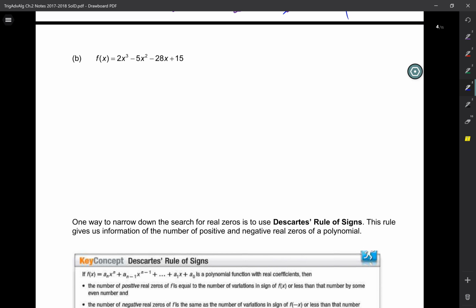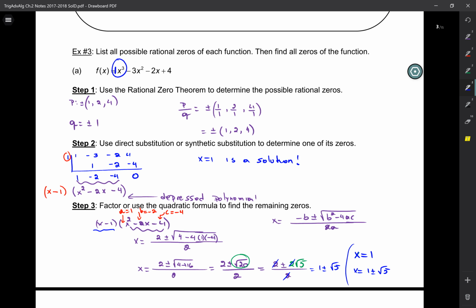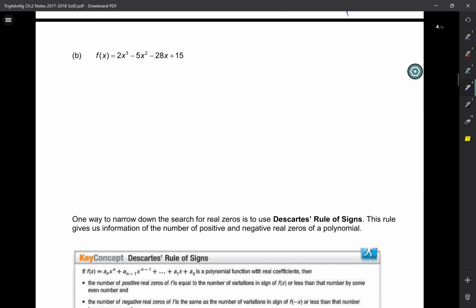All right, so let's do this one very quickly. I haven't put the steps here for you, so we're going to have to do it all from scratch. Let's find P. P is the factors of 15. So it's plus or minus 1, 3, 5, 15. Awesome. Q is the factors of 2. 1 and 2.